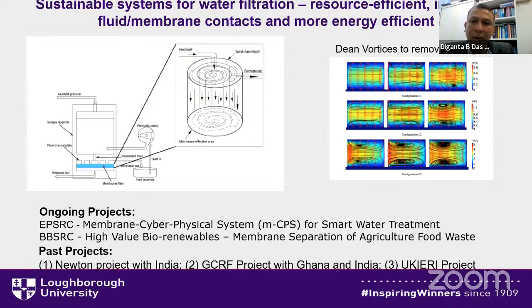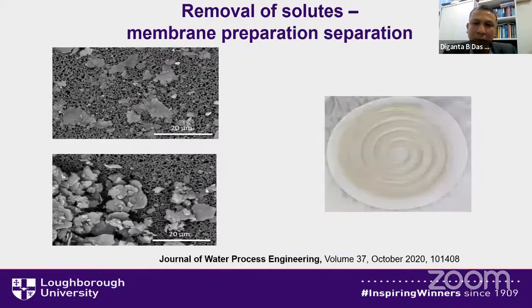That helps the filtration capacity of the membrane, and in terms of energy efficiency, the process is better than some of the other membranes where there is no circulation. So we have shown that these are more energy efficient.